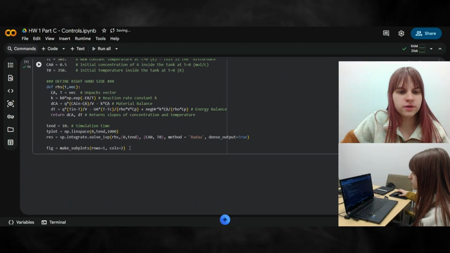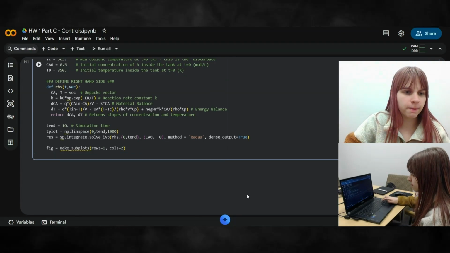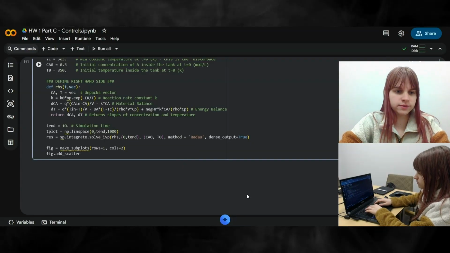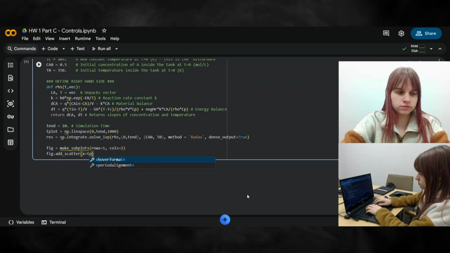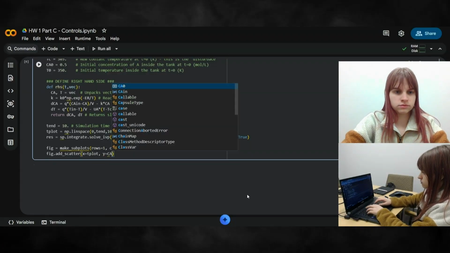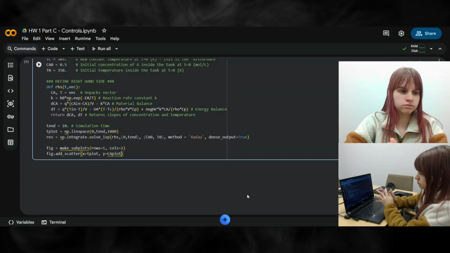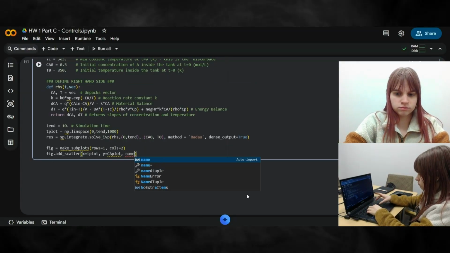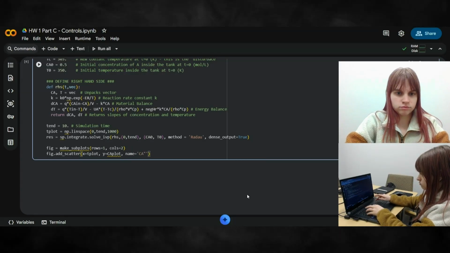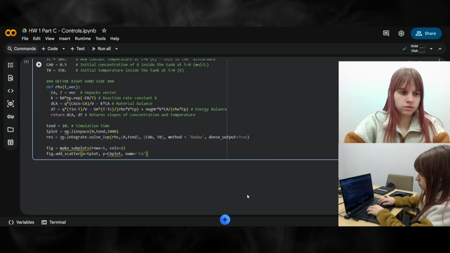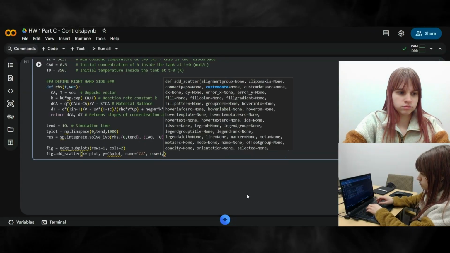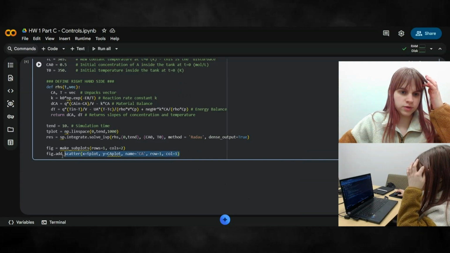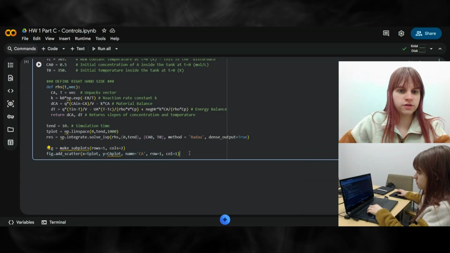Okay, those errors went away, so we're good to keep going. Add scatter. So this is our plot for the concentration.